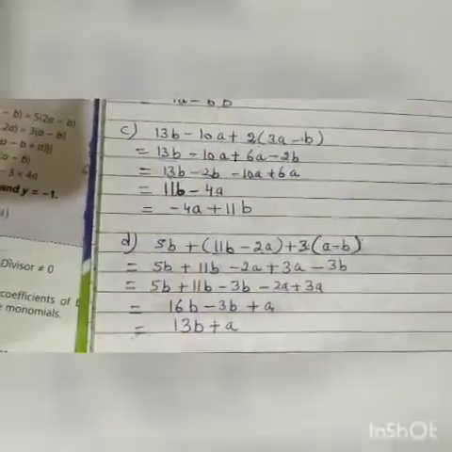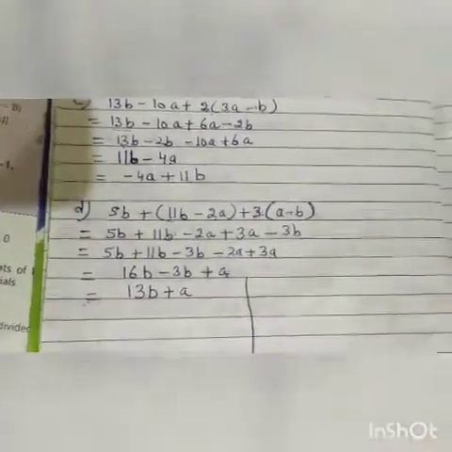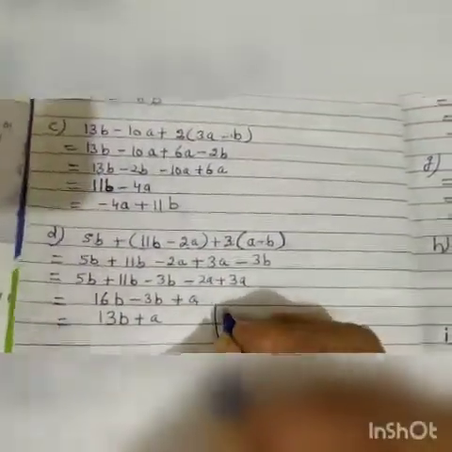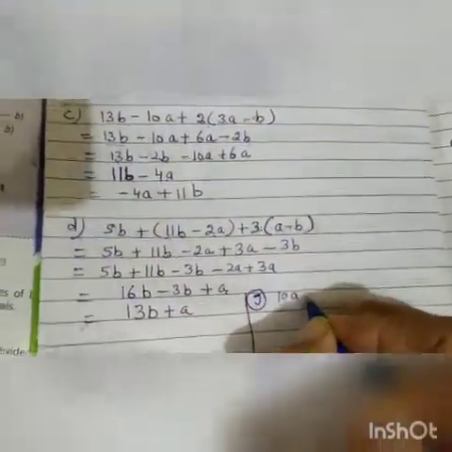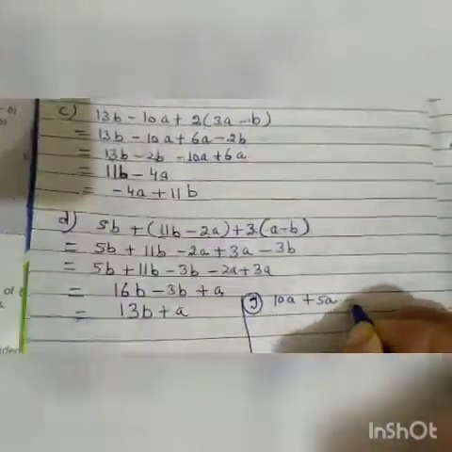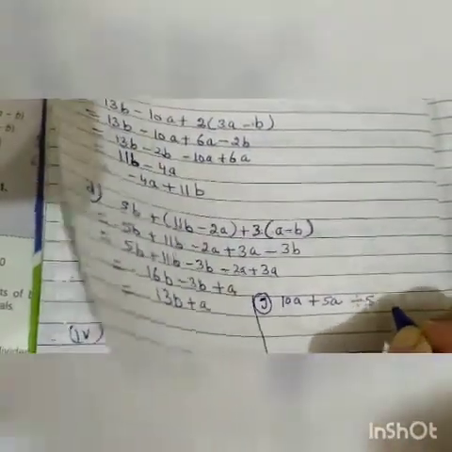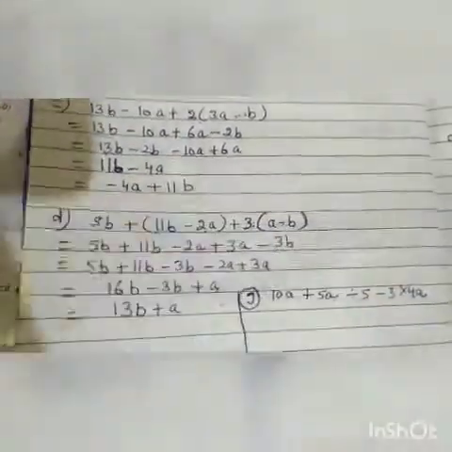Then next, student, I am doing J part here. J part is 10a plus 5a divided by 5 minus 3 multiply 4a.